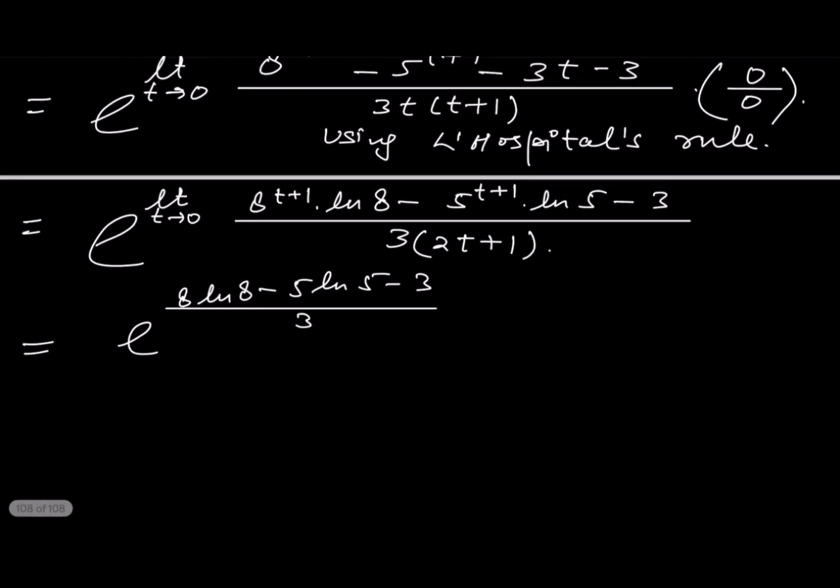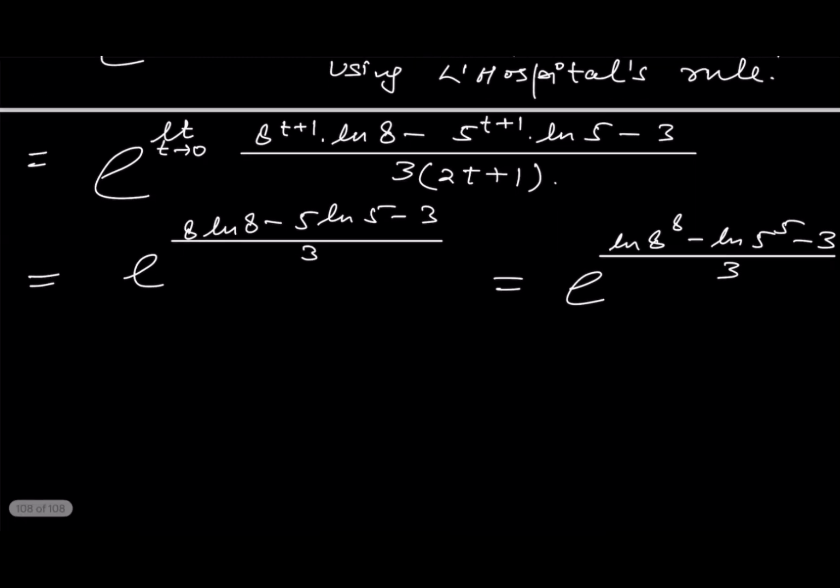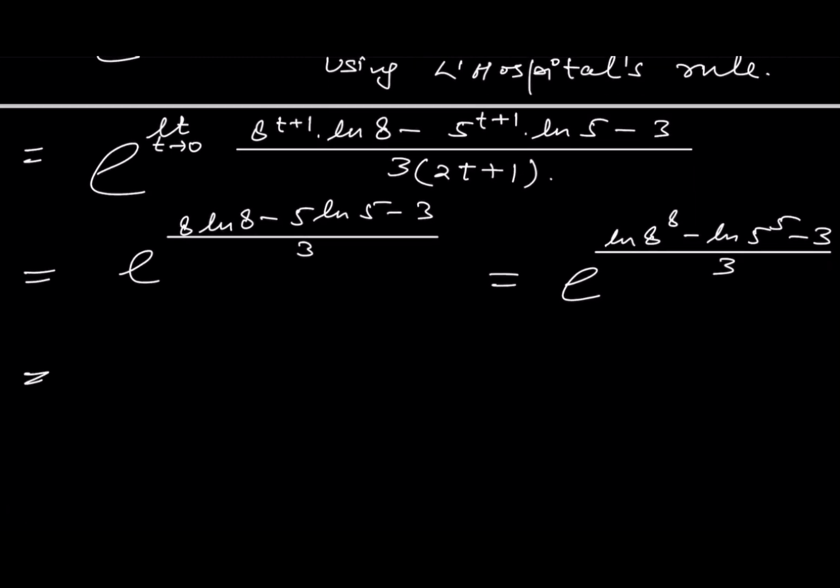Or it can be written as (ln 8 to the power 8 minus ln 5 to the power 5 minus 3) upon 3. Or this can be written as e to the power ln of (8 to the power 8 upon 5 to the power 5) into 1 by 3, minus 1.